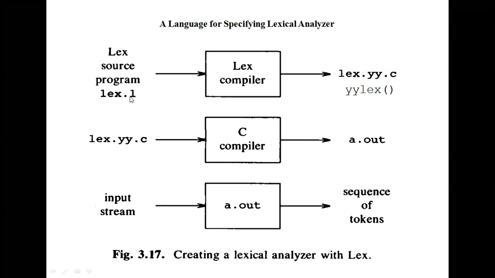It may be lex.l, a.l, or x.l. If the file name has the .l extension, we can identify that the program is a lex program. So the lex specification file is created using the extension .l, like lex.l. This file is given to the lex compiler.